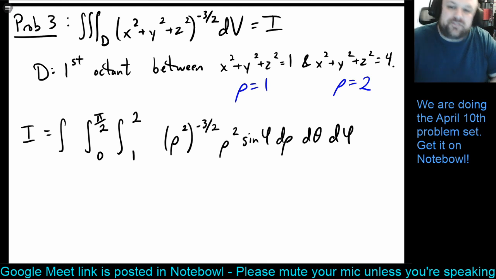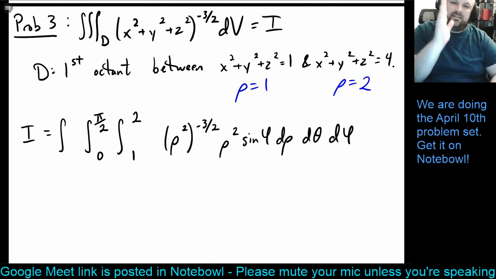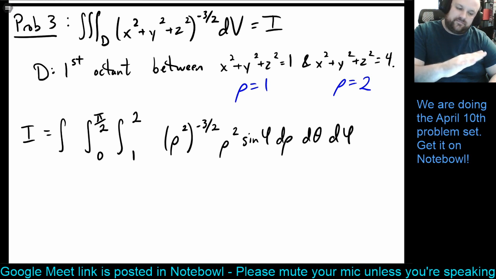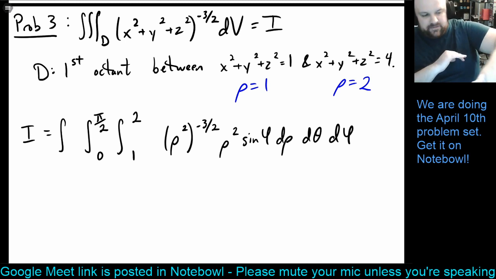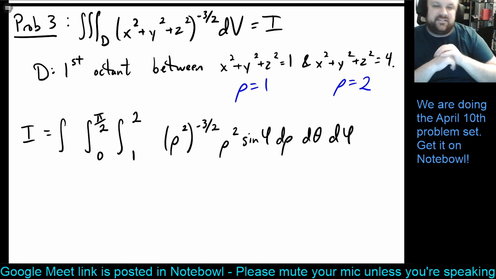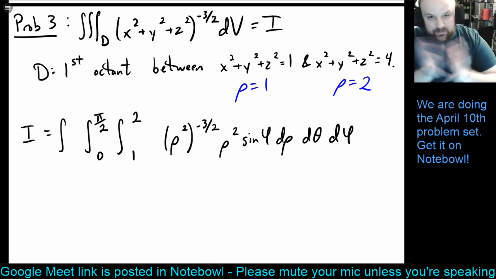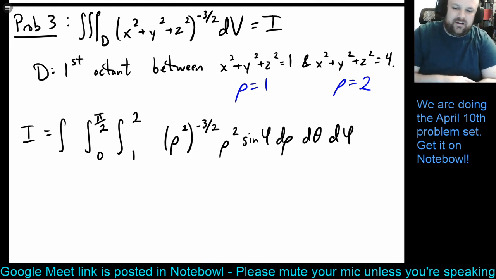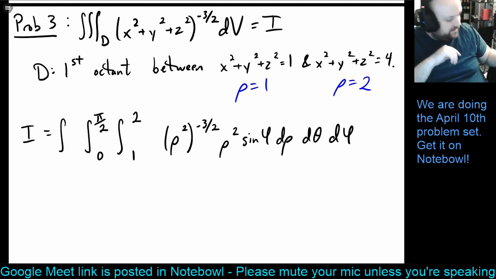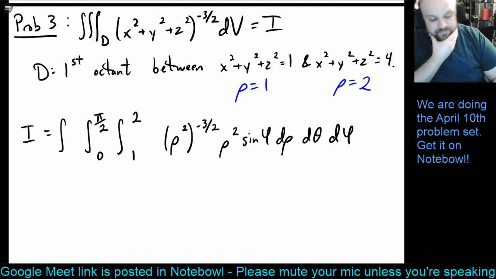The way we measure phi, phi equals 0 starts you vertically upward, and then as phi increases, your angle falls. So we start at phi equals 0, and phi equals pi puts you down at the negative z-axis. And that's all we need. Another convention is to start phi equals 0 in the xy plane and go from minus pi over 2 to pi over 2. It really depends on what you want to do there, but then this part will change.